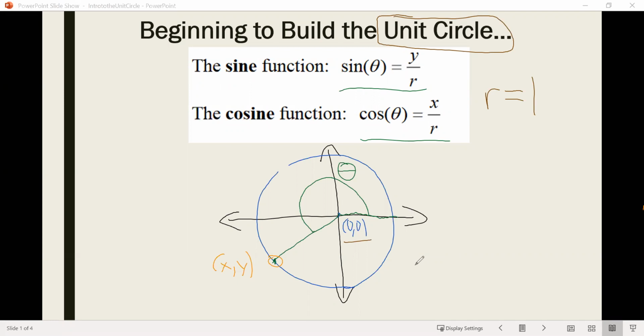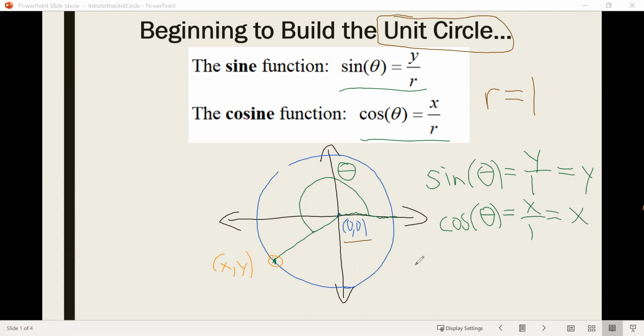And also, if we look at the ratios for sine and cosine, the sine of the angle is now given by y over 1, since the length of the radius is 1, which just equals y. And the cosine of the angle is given by the ratio x over 1, which is just x.